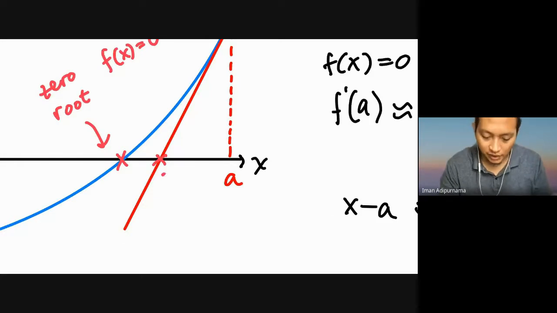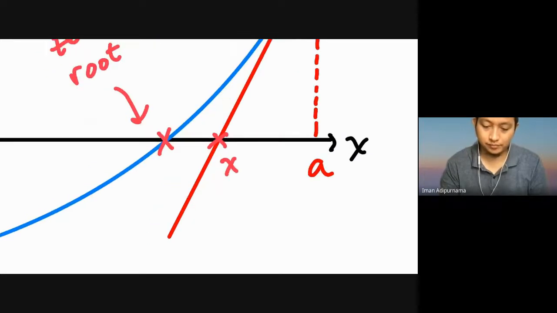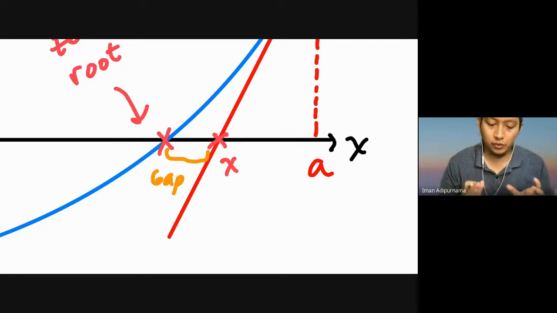So this is actually our x. But interestingly, it's not our root, right? It's not our 0. We still have this distance, we still have a gap here, right? And we want to find the root. We want to find how we can find the root. Then we can use this x.